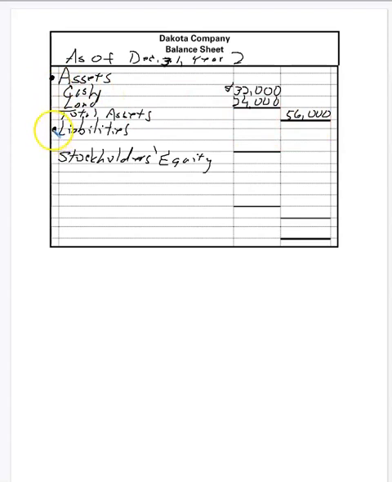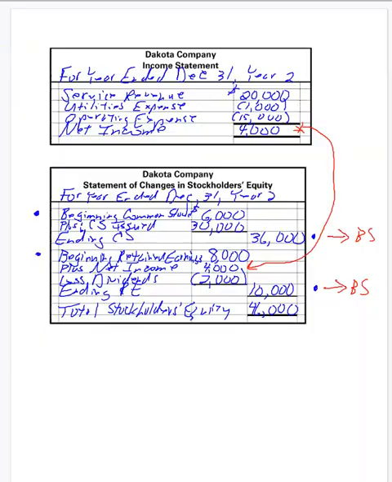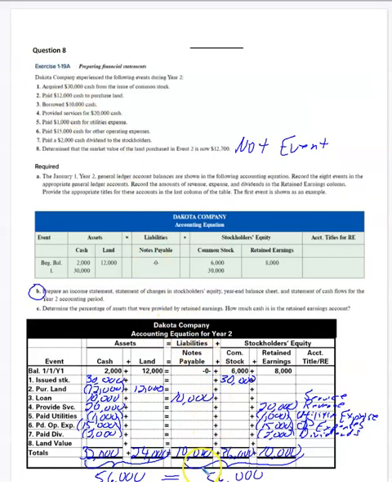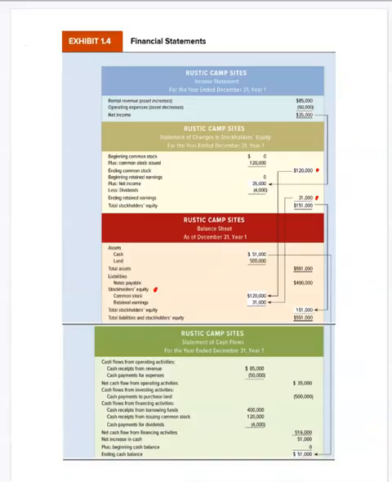Now let's do our liabilities. As I recall, we only had the notes payable. Squeeze that in, notes payable. Let's go back and look for the dollar amount of notes payable. Notes payable is $10,000.